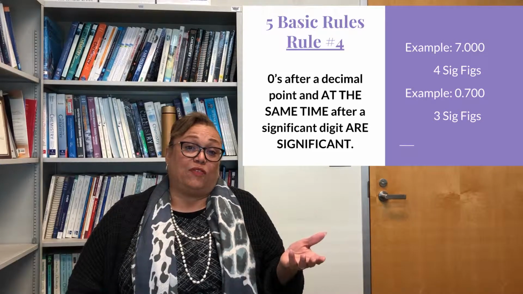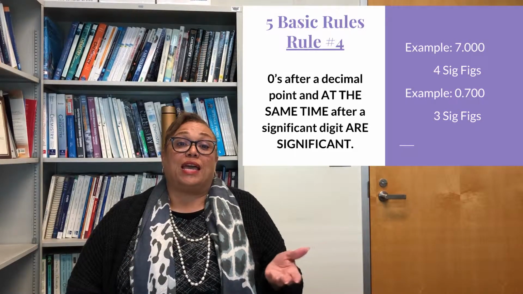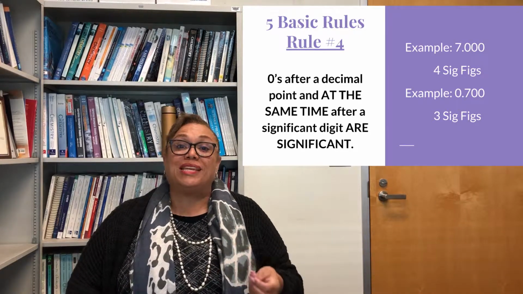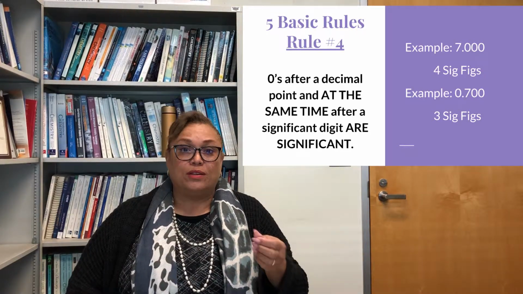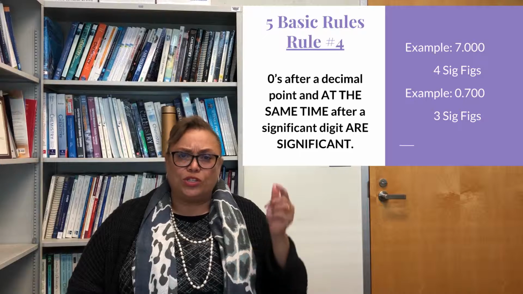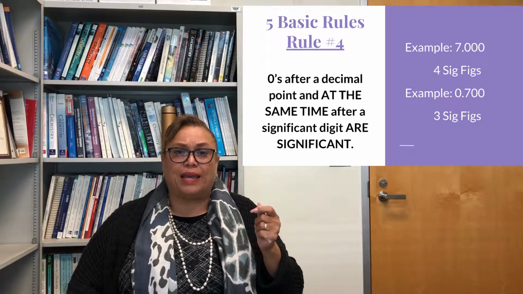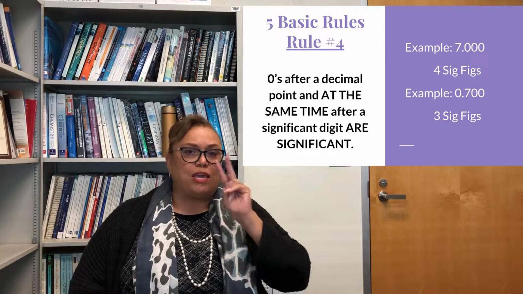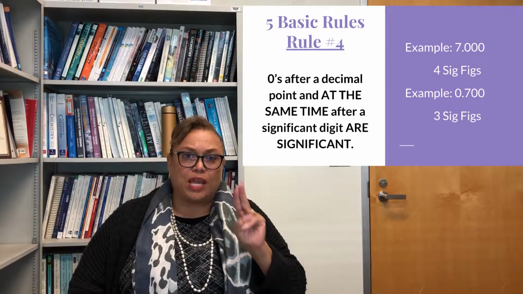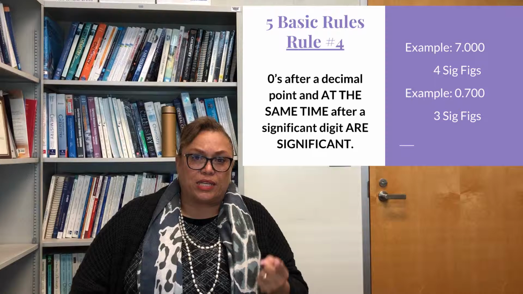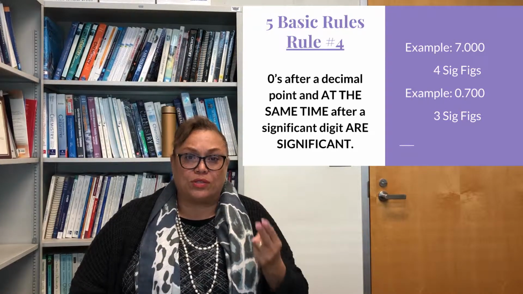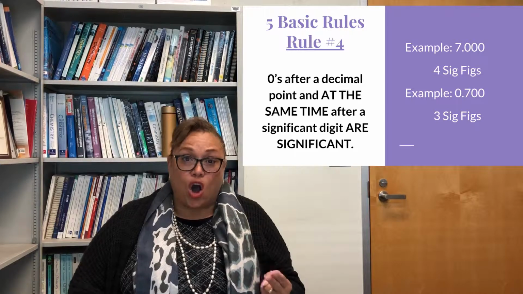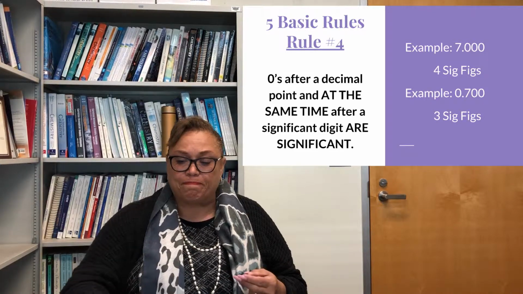If you put in scientific notation, you would have to say 7.00 times 10 to the minus 1. You see the difference? I want you to think about this in your mind's eye so that you can understand it. Don't drop those zeros. If 2 things are taking place, there's a decimal point and there's a significant figure, then those zeros that follow are significant.